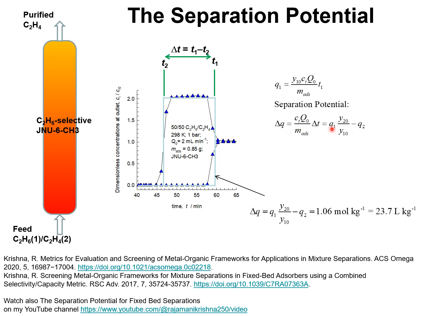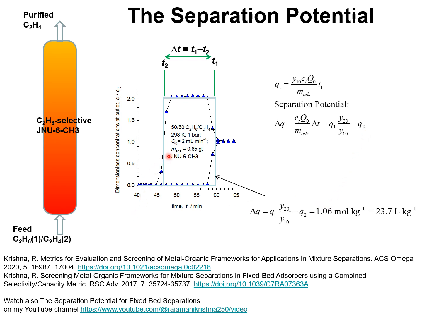The expression for delta Q, the separation potential, is Q1, which is the molar loading of ethane in the adsorbed phase, times the mole fraction of ethene in the feed mixture divided by the mole fraction of ethane in the feed mixture, minus the molar loading of ethene in the adsorbed phase that is in equilibrium with the feed mixture. Q1 and Q2 can be determined from the ideal adsorbed solution theory.